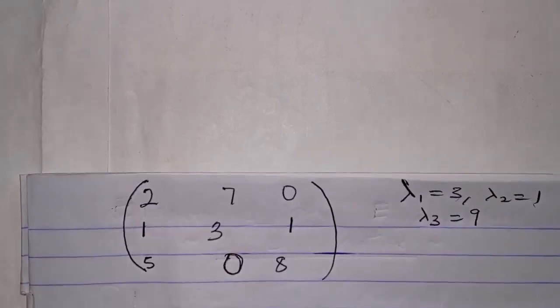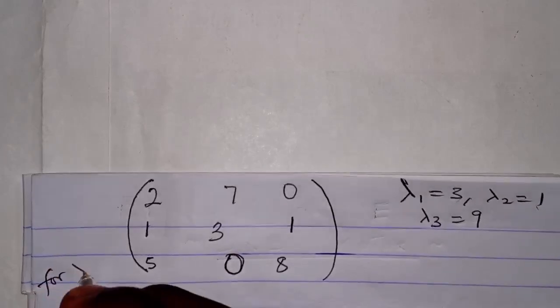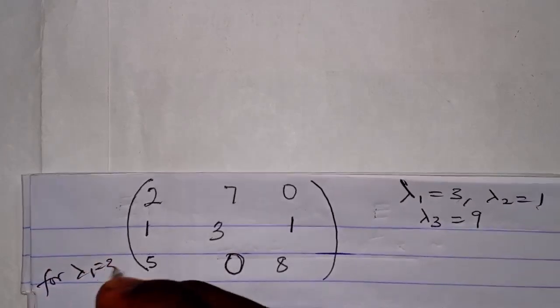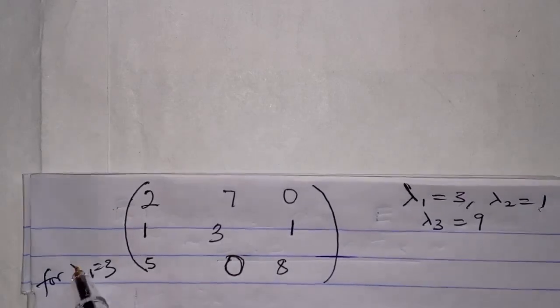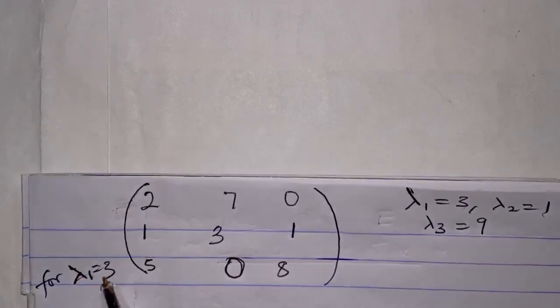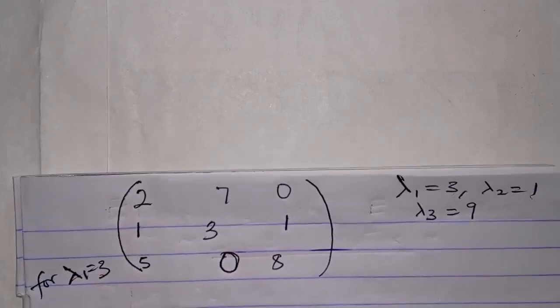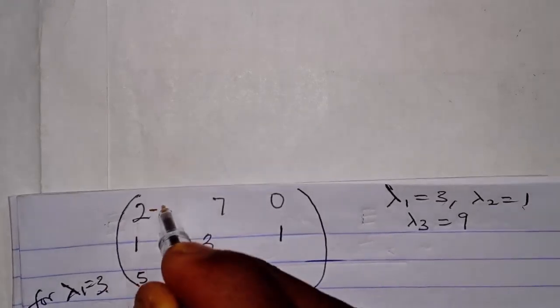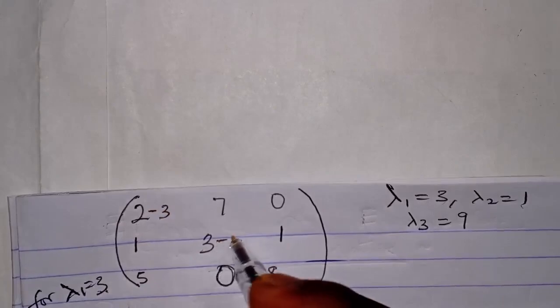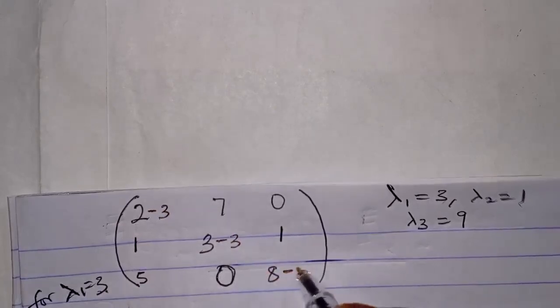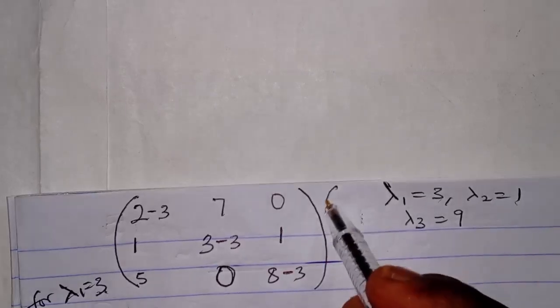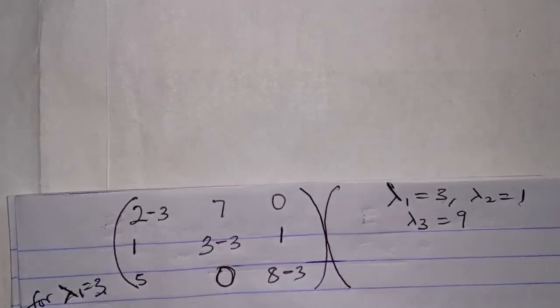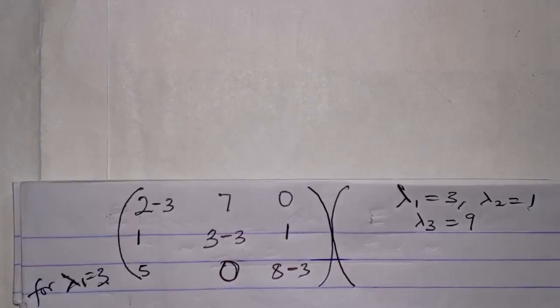This is the matrix A. For lambda 1 equal to 3, I want to find the corresponding eigenvector of lambda 1, which is 3. So what I'm going to do, I'll subtract 3 from this element here on the principal diagonal. Okay, multiply it by a column vector.